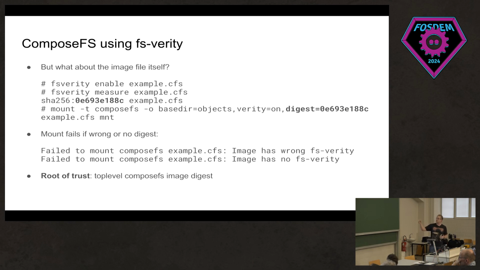If the mount command succeeds, then every successful I/O operation on this thing will be guaranteed to return the same data that was built. Basically, this is a root of trust. If you have a reason to trust it, you can guarantee the thing.